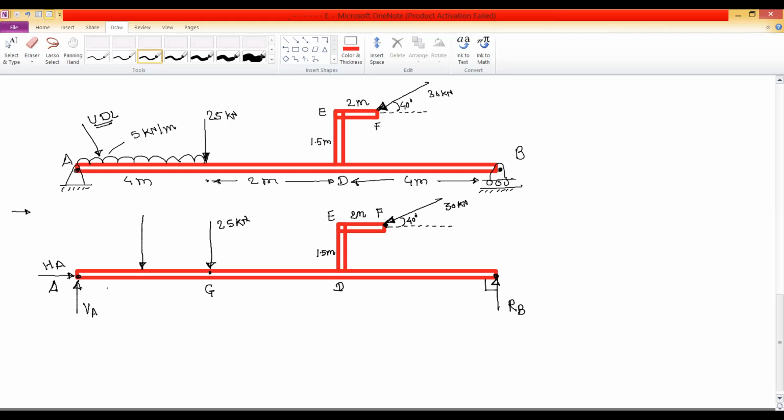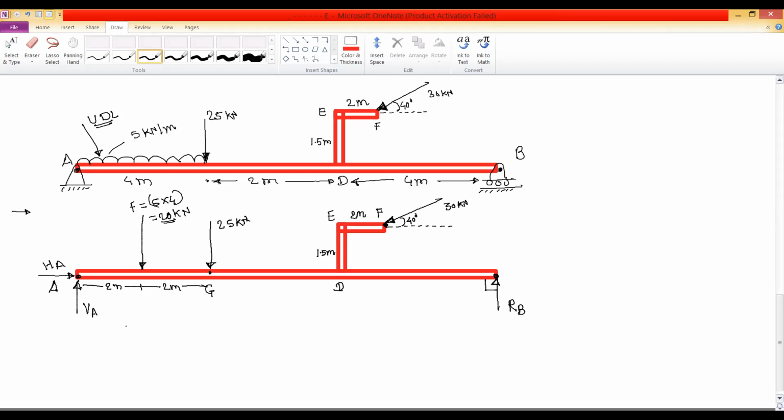The UDL span is 4 meter, so this will act at a distance of 2 meter from its endpoint A and G. This magnitude F is equal to 5 into 4, which is equal to 20 kilonewton. So this is the point load because of this UDL.